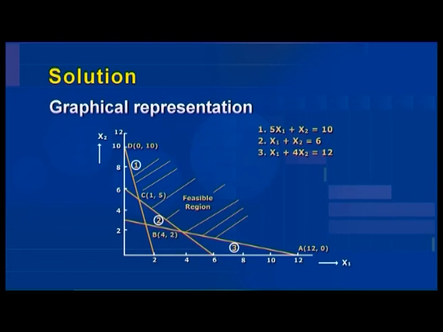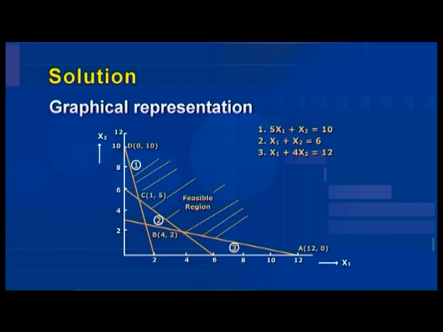For example, when x1 = 0, we get x2 = 10. Similarly, when x2 = 0, 5x1 = 10, so x1 = 2. These two points are then connected by a straight line as shown in the figure.